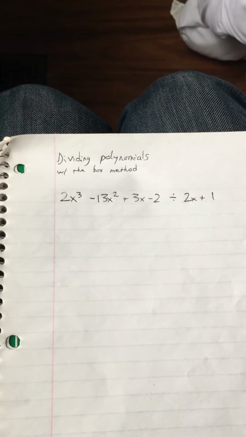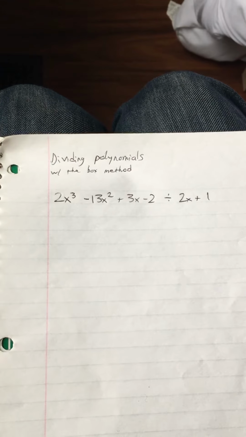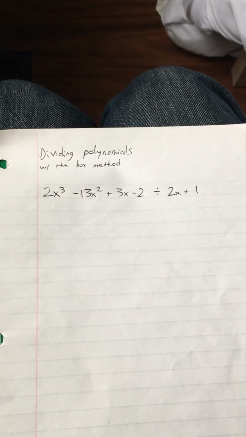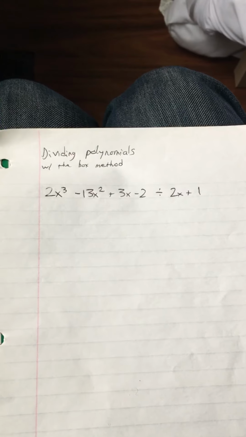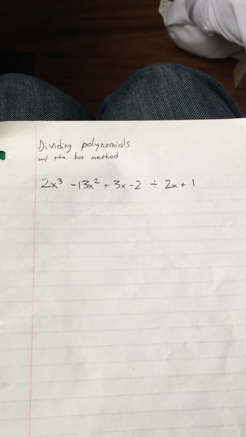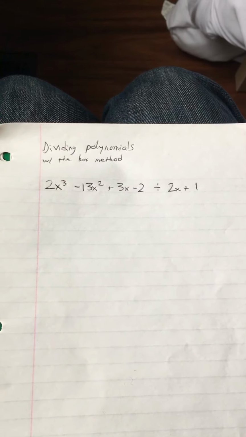I wanted to make a quick video here on a review of dividing polynomials with the box method. Some of you have tried that and weren't quite remembering it, and I know that this whole doing school online thing is hard and having to show pictures of your work is not fun, but I want to say thank you to everybody that has done that and sent me their work so far. That's been really helpful for me to see how you're doing.